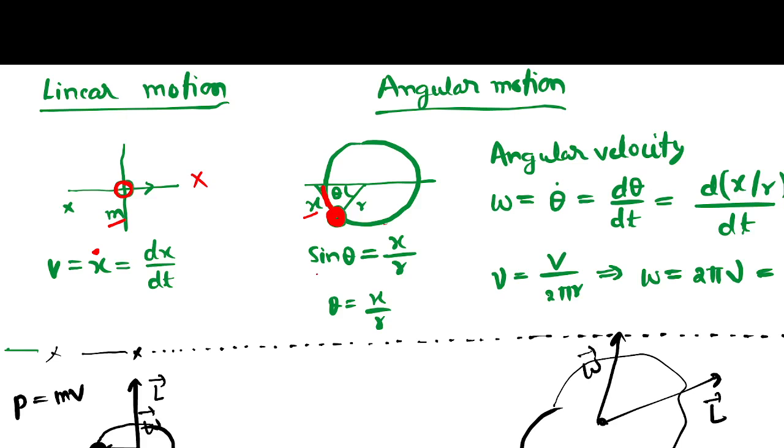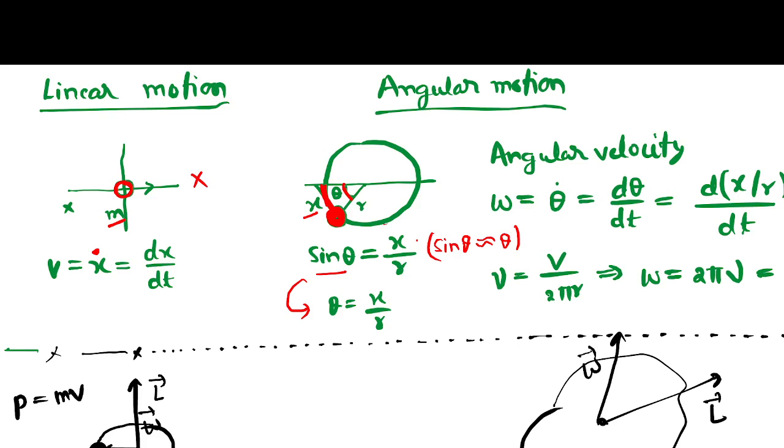Then we can write sine theta equal to x by r. Since theta is very small, because this arc is very small, we can write sine theta approximately equal to theta, and this equation will be reduced to this equation.